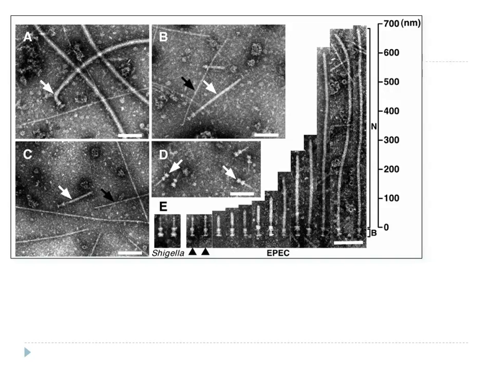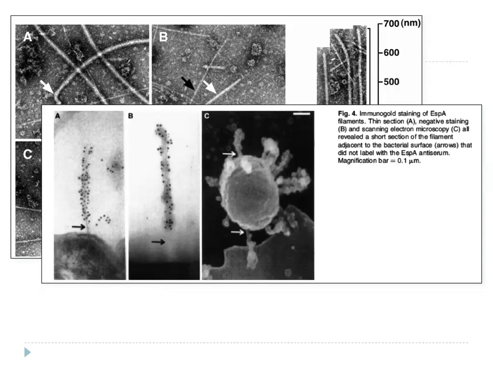You can see them like little rivets that have been ripped out of their normal context in the cell envelope, and you can see here the arrays of various lengths, going up to a micron long, 700 nanometers in length. This is from Stuart Knutton, and Rob Shaw, I think, was involved in this, looking at these filaments.